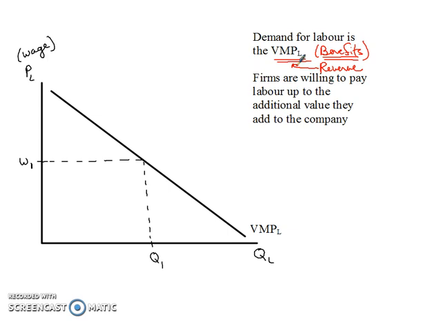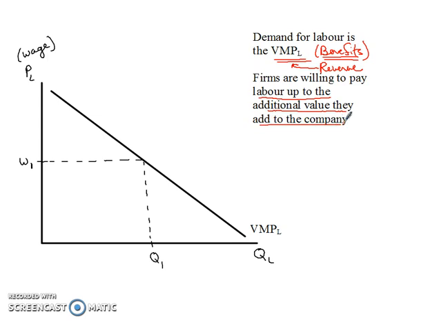So firms are willing to pay labor up to the point where the additional value that they add for the company is equal to something. The question is what? Well, we've talked about this in a lot of previous videos.